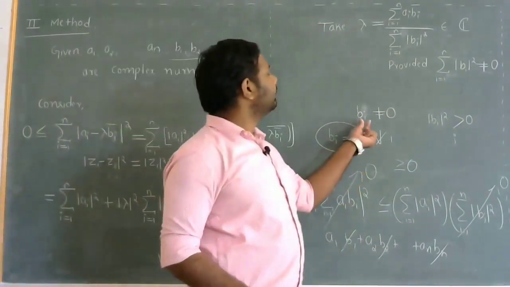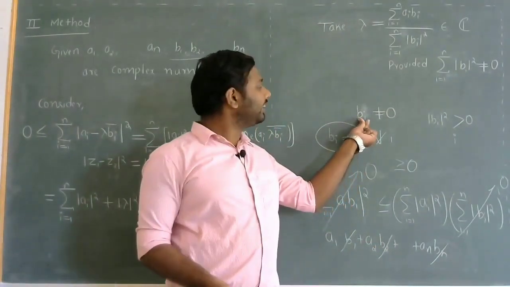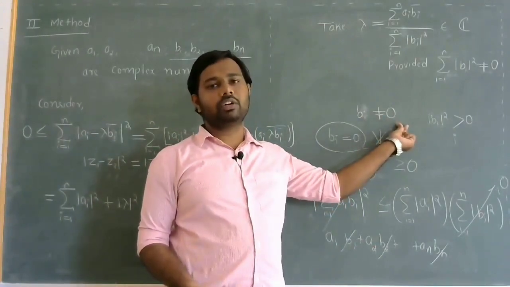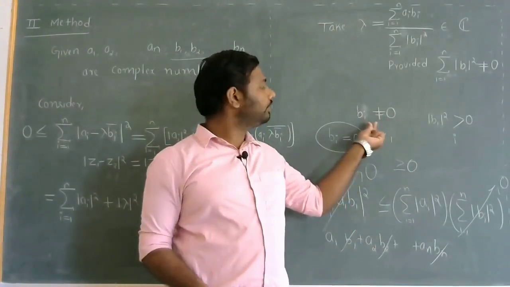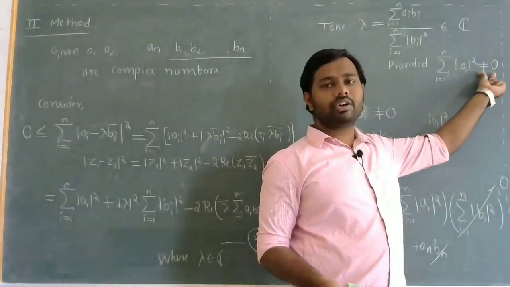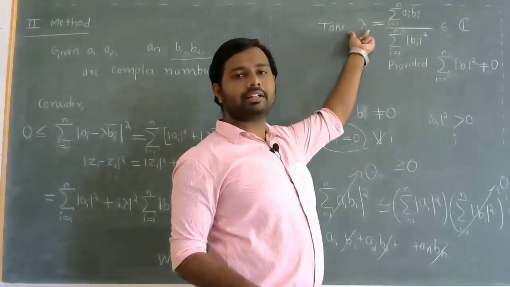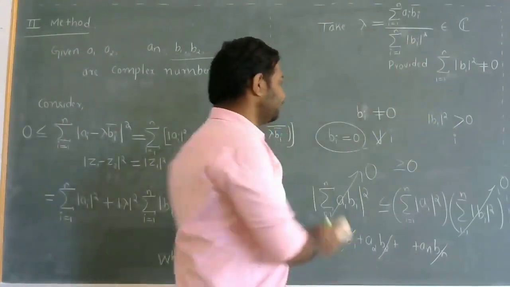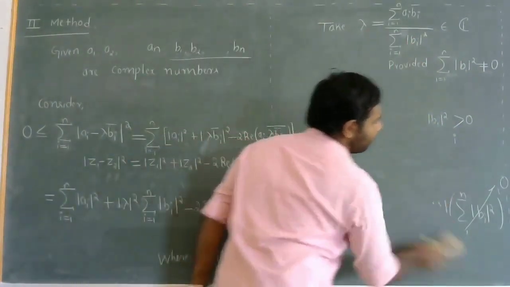So we may assume at least one bi is non-zero without loss of generality. If we assume that, then obviously this number will be non-zero, so I can define the complex number lambda in this way.